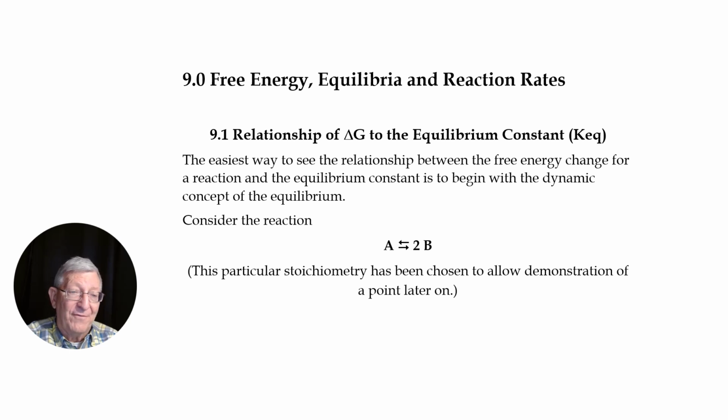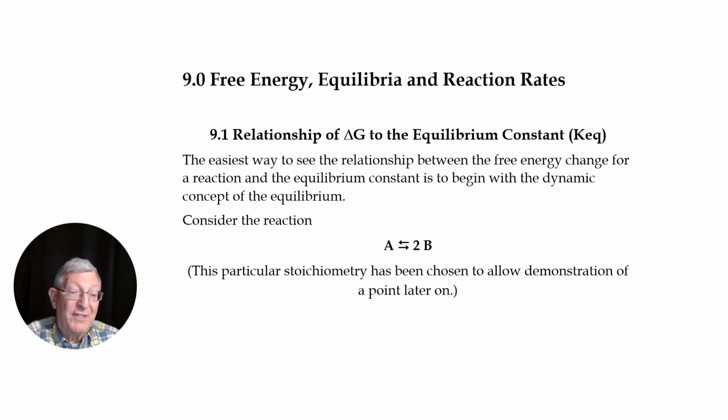All right, now, first thing I want to talk about is the relationship between delta G and the equilibrium constant. That's delta G and Keq. I have selected a particular stoichiometry to look at here in which I have hypothetical molecules A in equilibrium with 2B.